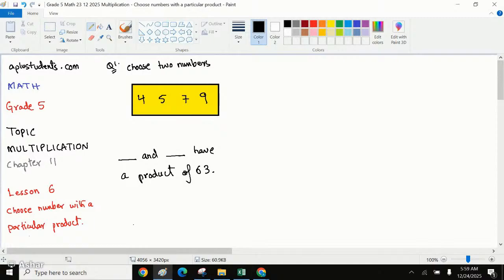And we have 4 options given to us: 4, 5, 7 and 9. So what we can do is trial and error.